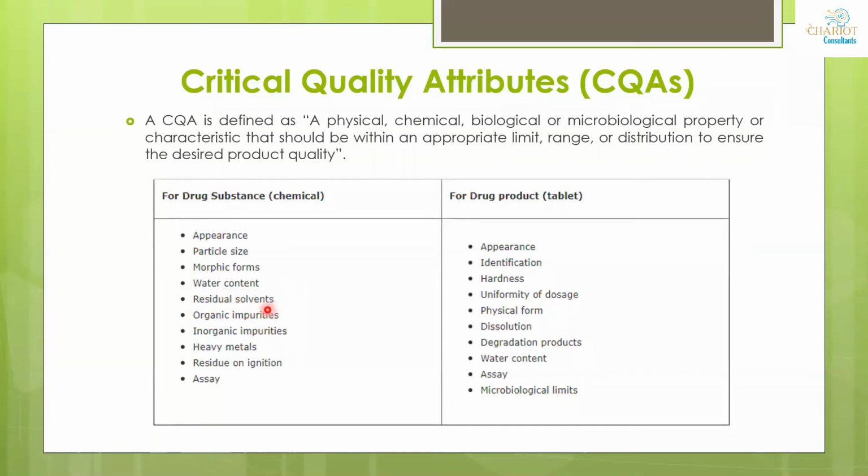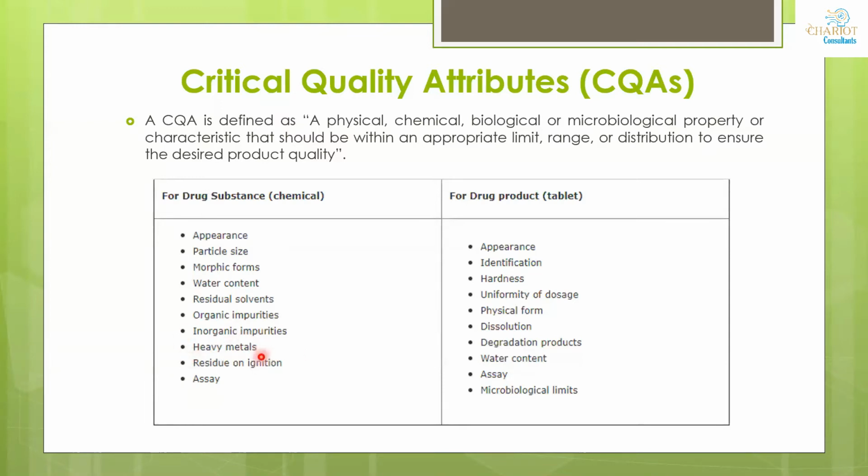Your residual solvents: when you're synthesizing by using any organic solvents, what limit you have set, so that finally your drug substance will have X amount of residual solvent. It should not vary too much. Inorganic impurities, organic impurities, heavy metals: there are specifications for heavy metals, your lead, nickel, chromium.